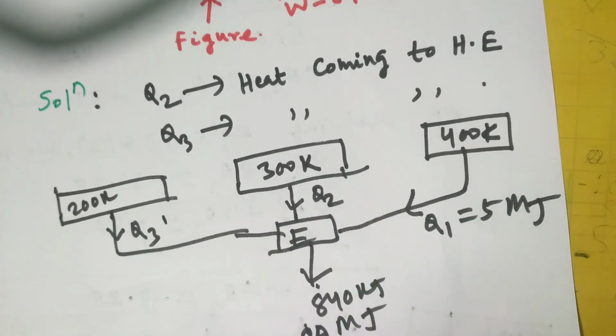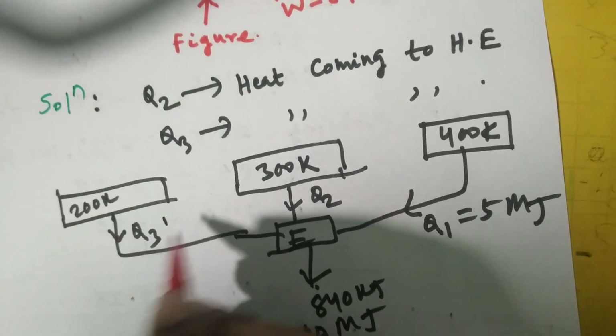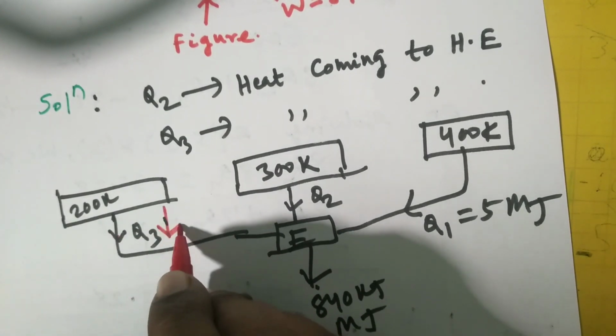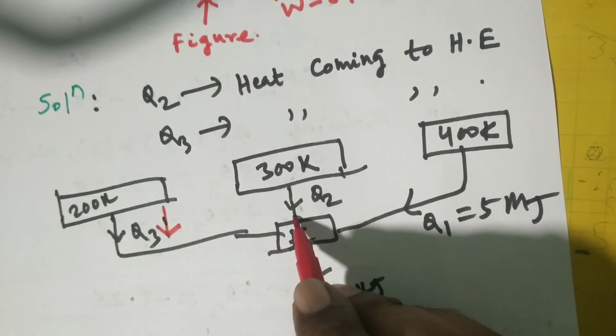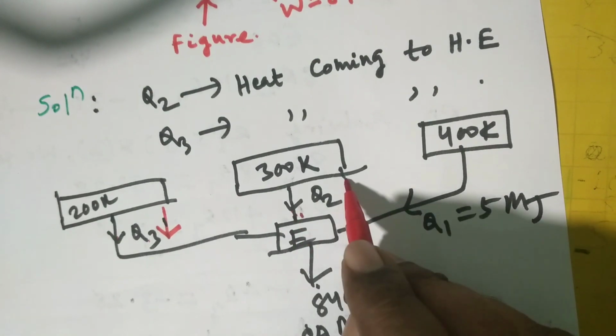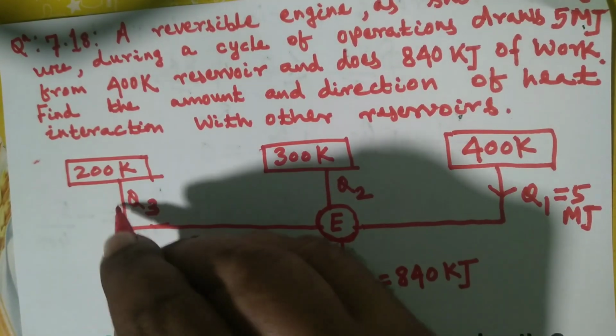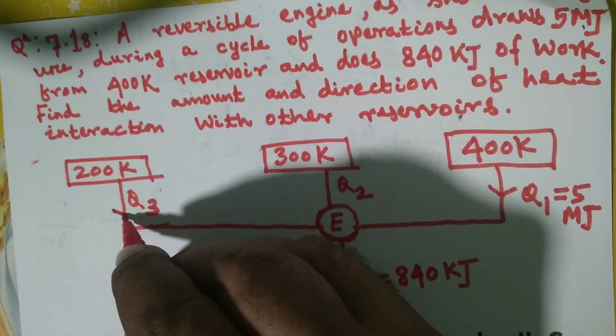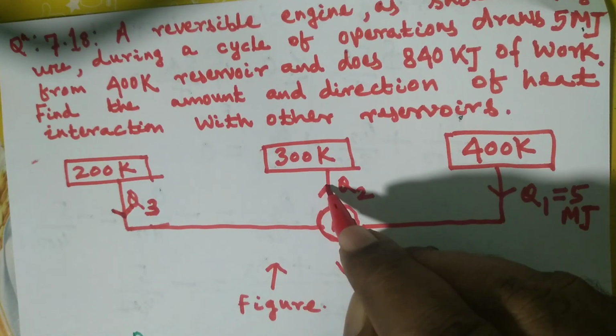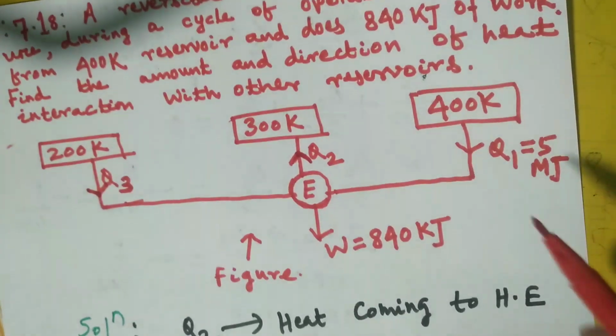Q3 is okay, this we had assumed, so this is correct. But Q2 we had assumed in this manner, but the correct one will be like this. And Q1 is given. So the correct diagram will be like this. And you can check it also.